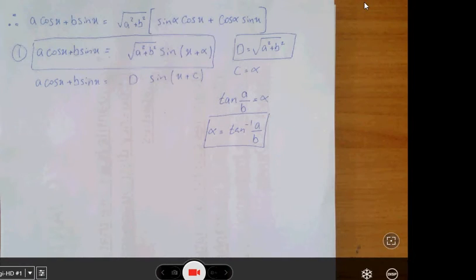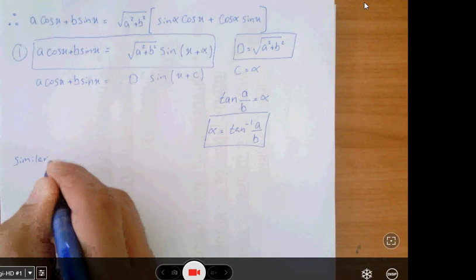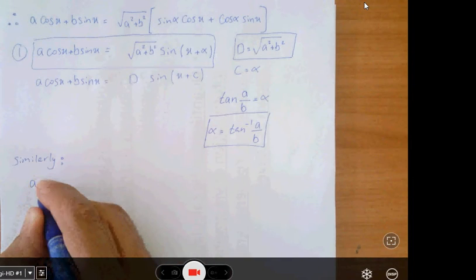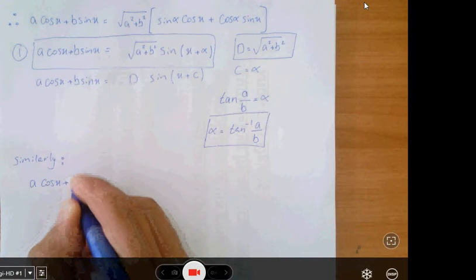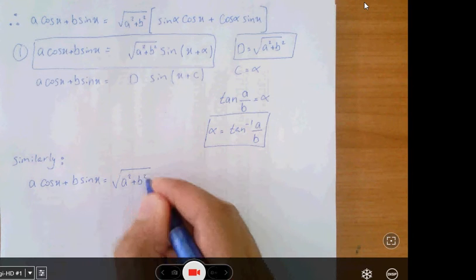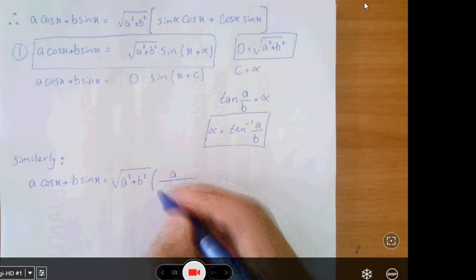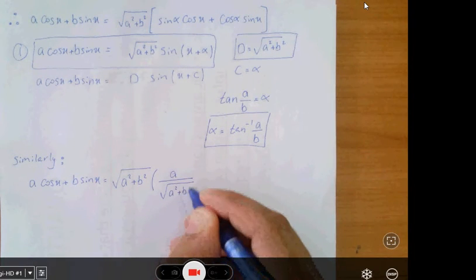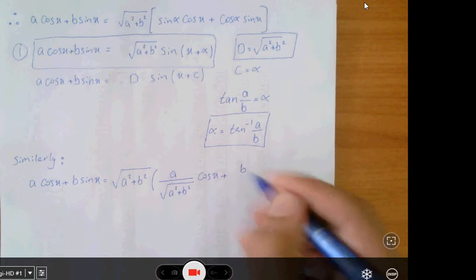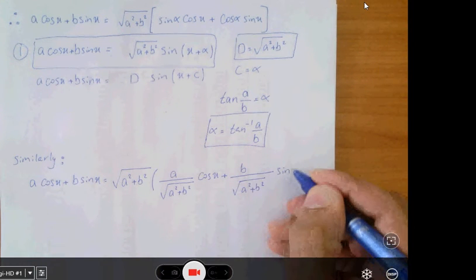I'm not going to go through the whole thing, but I would just write here, similarly, we're going to have a cos x plus b sine x equals my hypotenuse, square root of a squared plus b squared, times a over square root of a squared plus b squared cos x plus b over square root of a squared plus b squared sine x, right?